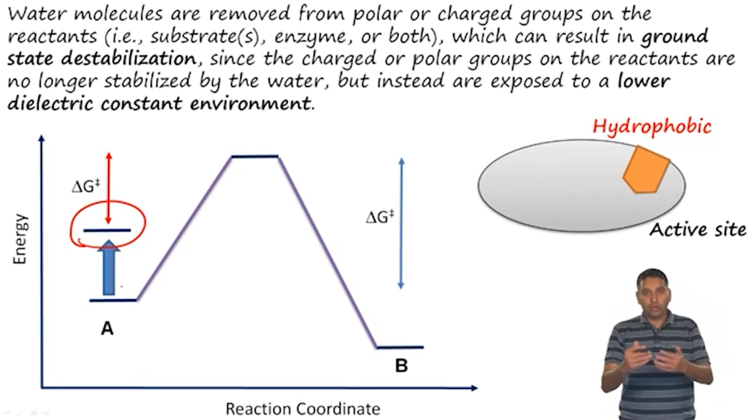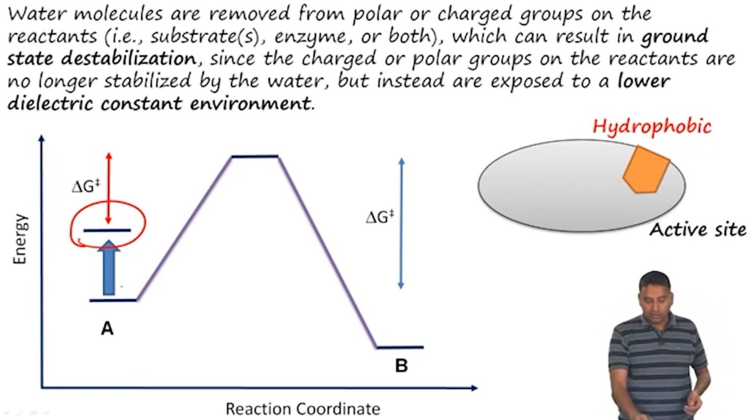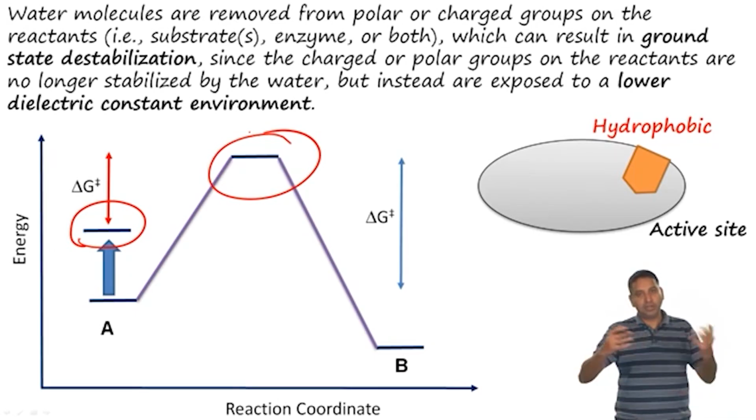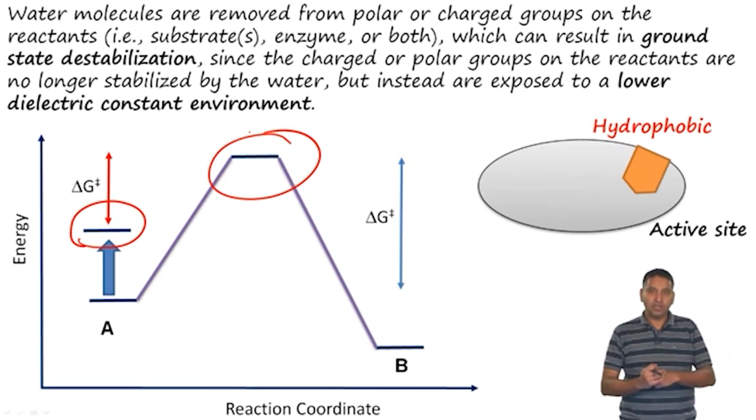You may recall that rate acceleration occurs when the transition state goes down or the ground state goes up, and of course, when both of them happen, there is going to be a large increase in the reaction rate. So, here ground state destabilization largely contributes to an increased rate.